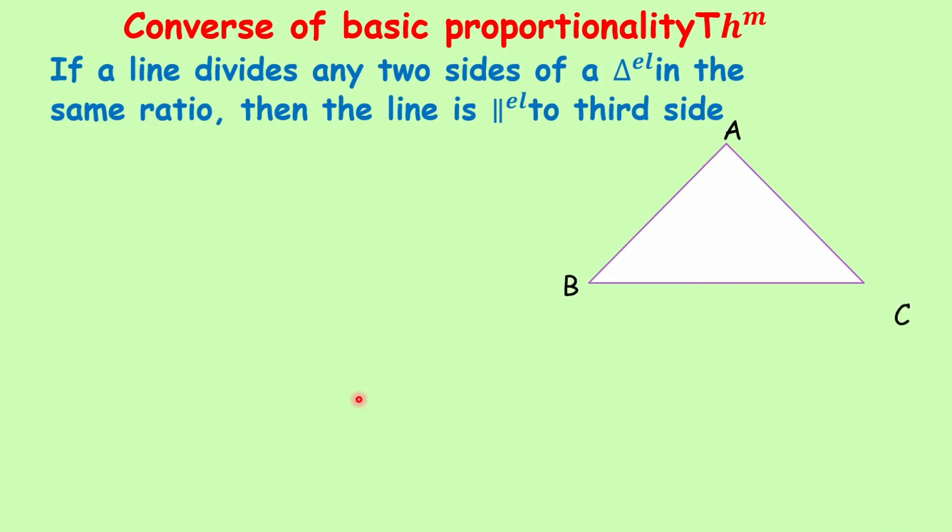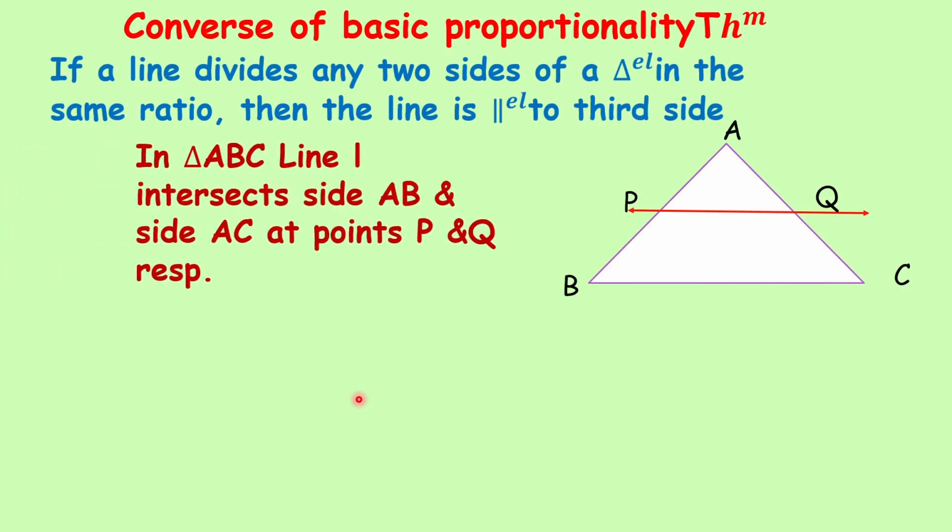We take this triangle ABC. In this triangle ABC, this line L divides the sides AB and AC in the same ratio. That means 1 upon 2 is equal to 3 upon 4. This is given. That means this line PQ divides side AB and side AC in equal ratio, that means AP upon PB is equal to AQ upon QC.